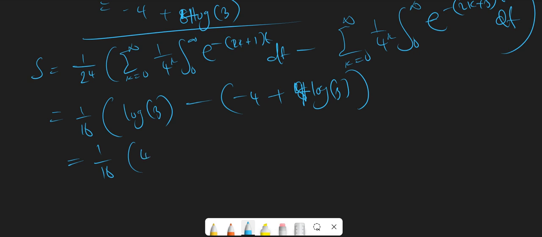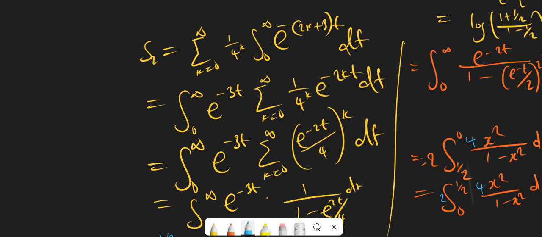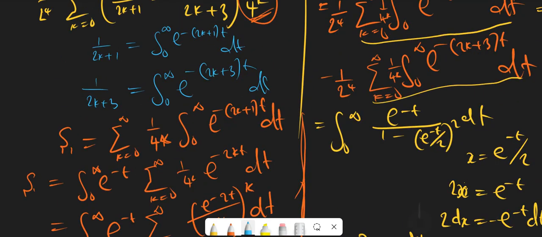So you have 4 minus log 3 minus 4 is 1 minus 4 is negative 3. So that is 3 log 3. So you have 1 over 4 minus 3 over 16 log 3. So wow, that is that. So we have conquered this problem, and this is our answer.